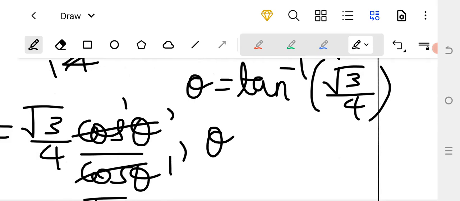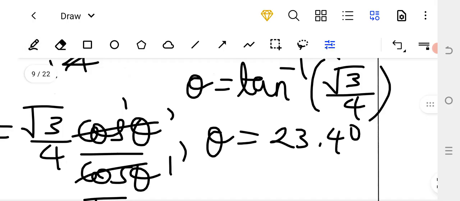So theta is equal to, make sure your calculator is in degrees, tan inverse of square root of 3 over 4. 23.4 is the associate acute angle, 23.4 degrees.